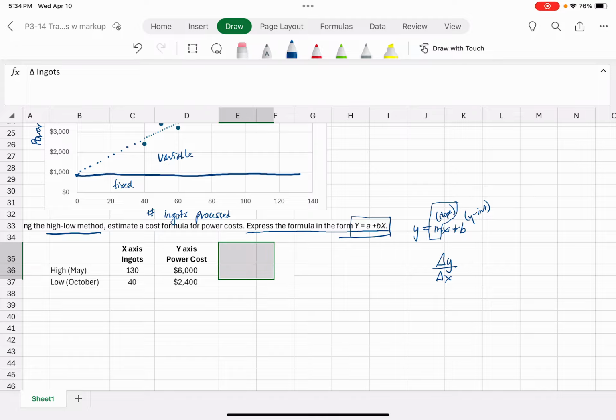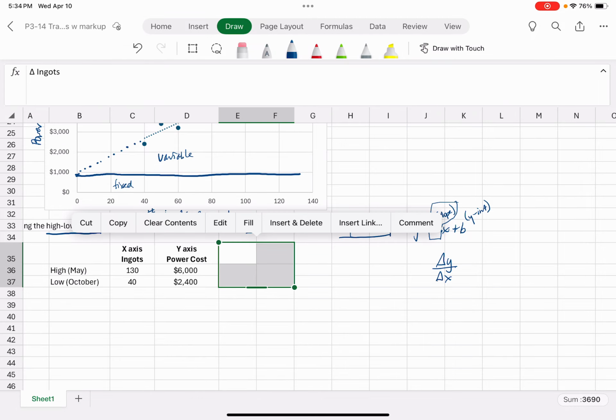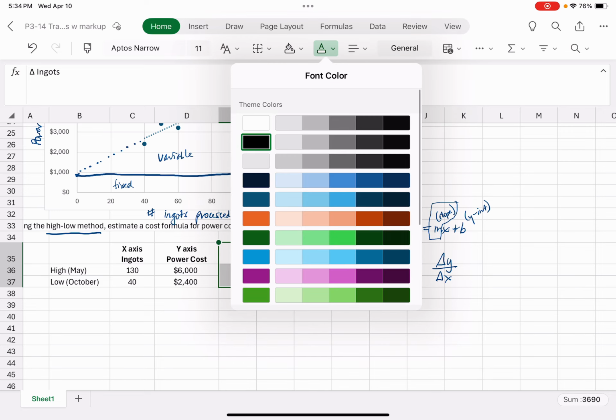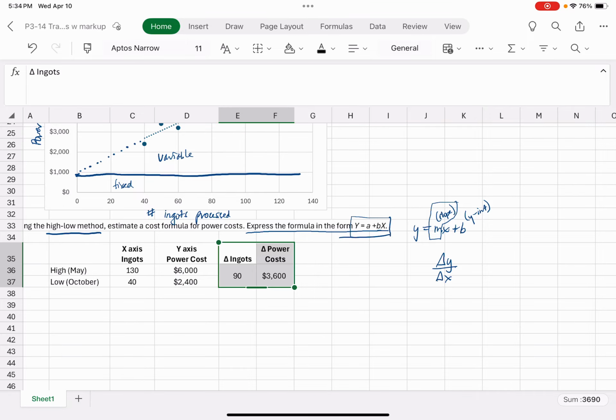So I have done that here. The change in y, which is the power cost, and the change in x, which is the ingots. Change in the number of ingots is 90. To get from 40 to 130, that's a change of 90. And the cost also increases when you go from the low to the high by $3,600.